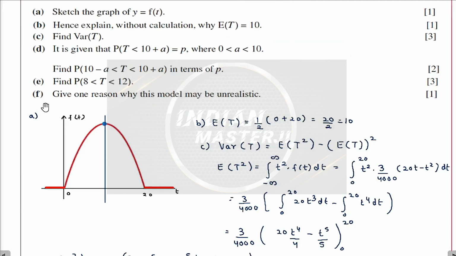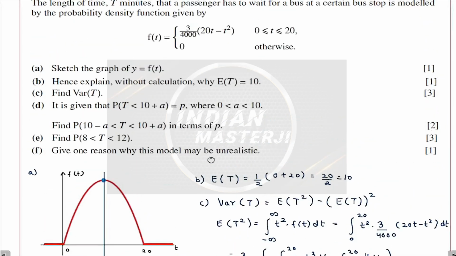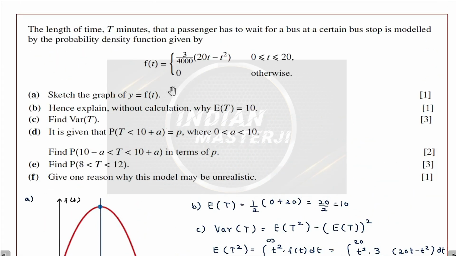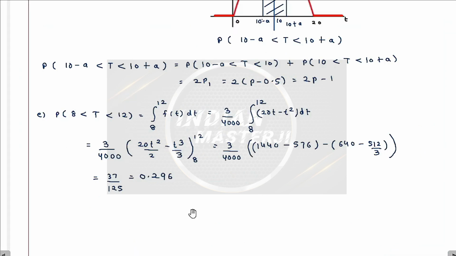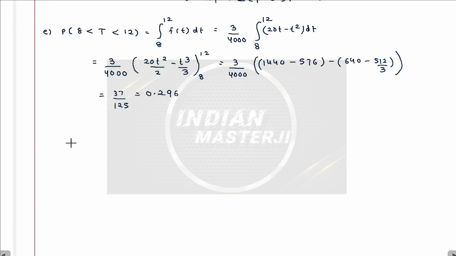What is part F? Give one reason why this model may be unrealistic. Now what is this particular model? The model is basically for the waiting time of a passenger for a bus at a certain bus stop, correct? And the waiting time they have given from 0 to 20 minutes. It has a function value and otherwise it has a 0 value, correct? But it is possible that the waiting time can be more than 20 minutes. So that's the reason we can say that it can be unrealistic.